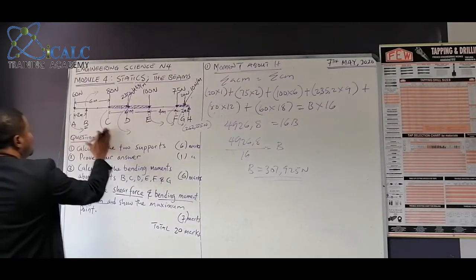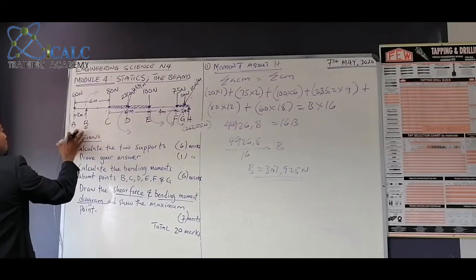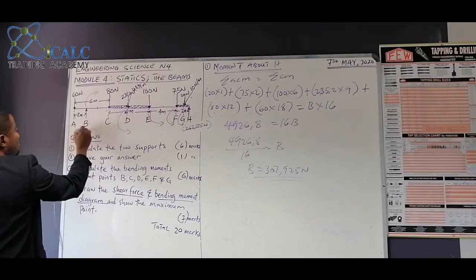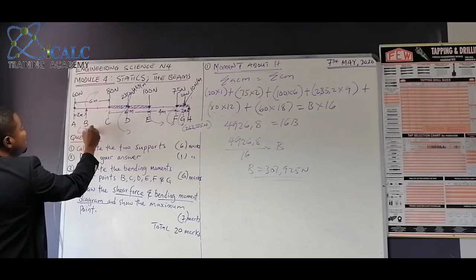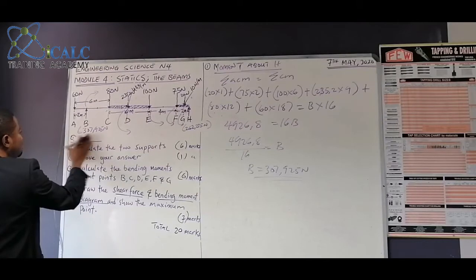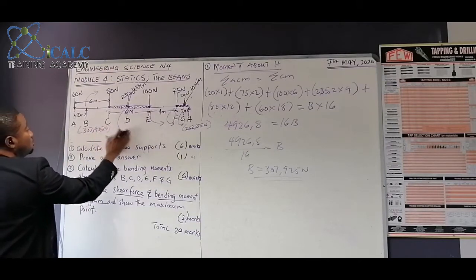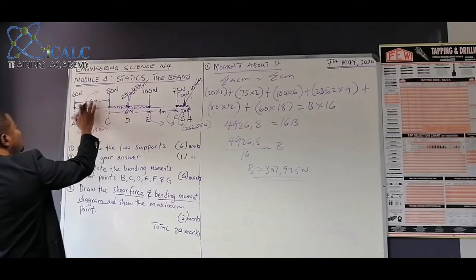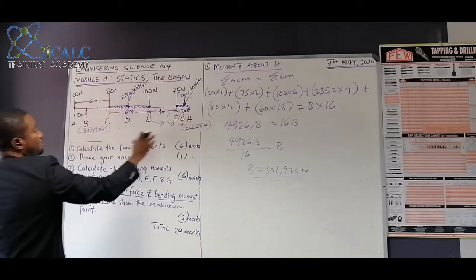So I also suggest that we write the value of b here, 307.925 Newton. Okay, and then we clean all this.